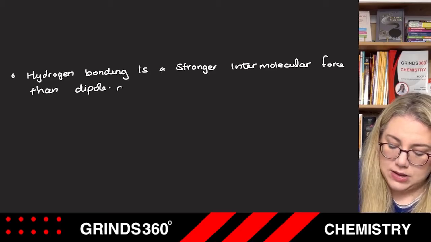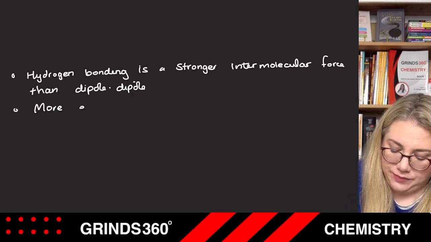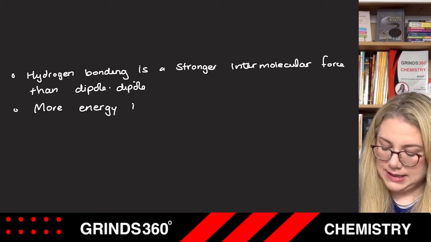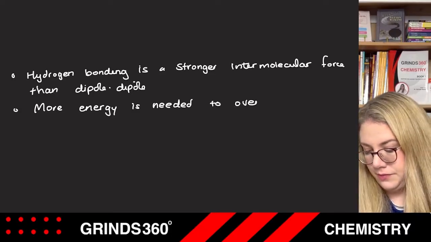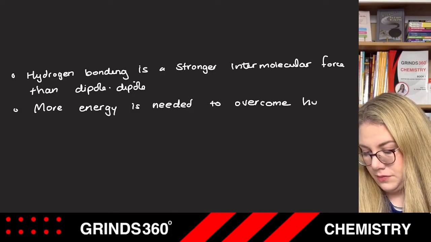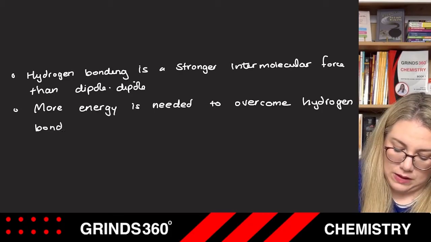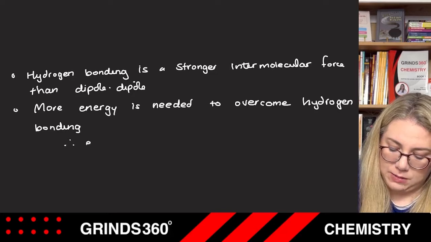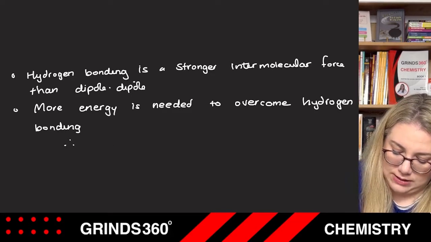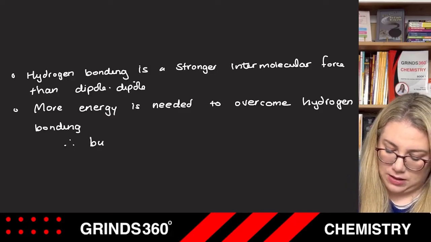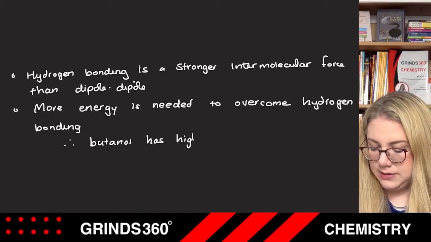And because it is a stronger intermolecular force, more energy is needed to overcome hydrogen bonding. Therefore, make a statement about the boiling point. Oh, that's not ethane. Apologies. Butanol has the higher boiling point.